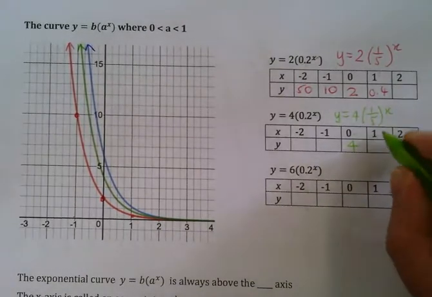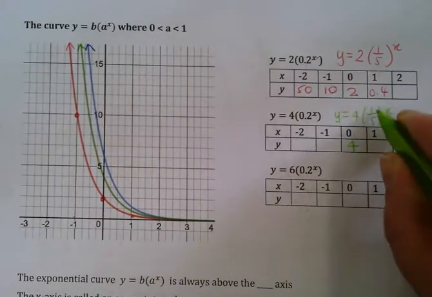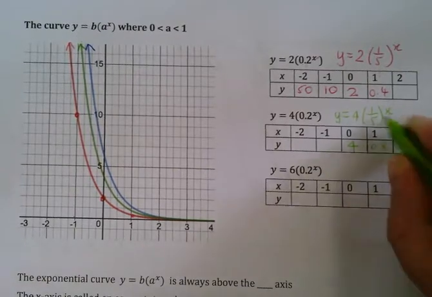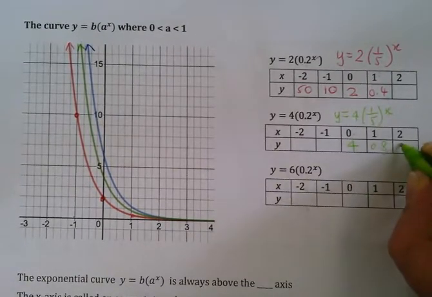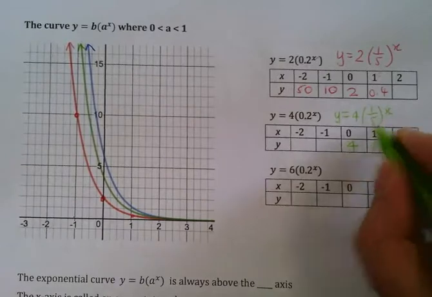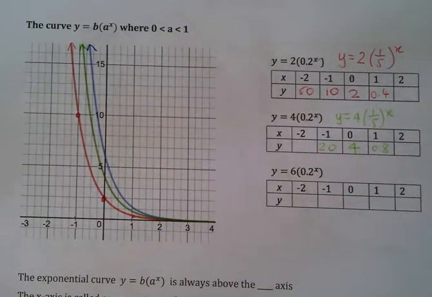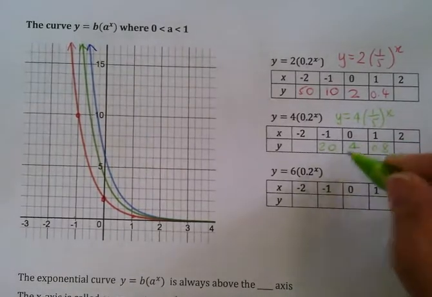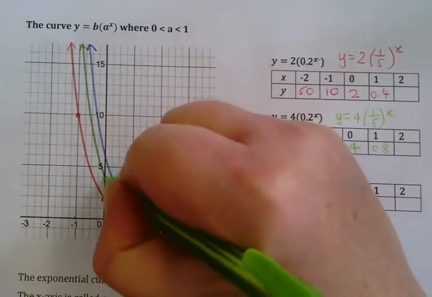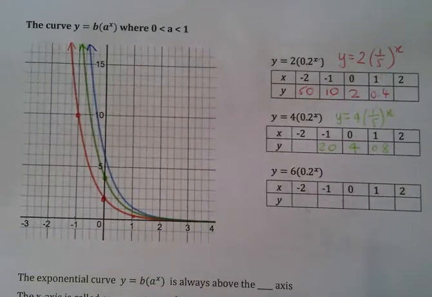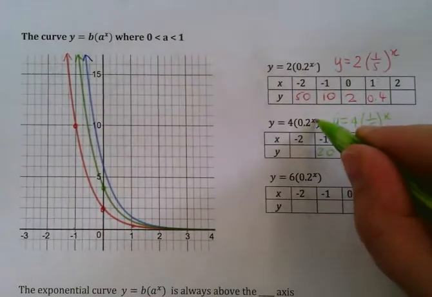When x is 1, you'll get 0.8. When x is 2, you'll get something quite small. Not going to worry about it. When x is -1, I think you get 20. Now, we can't see those particular values on our curve. The main point here is when x is 0, y is 4.